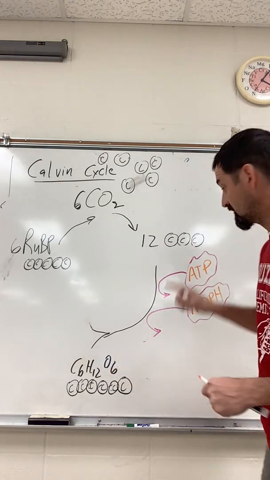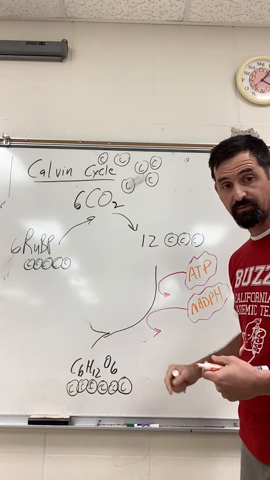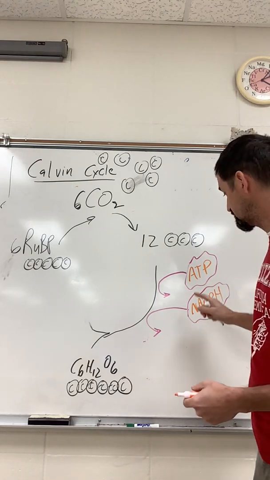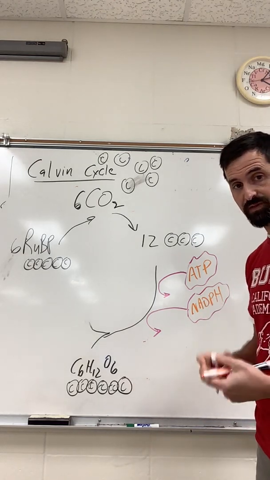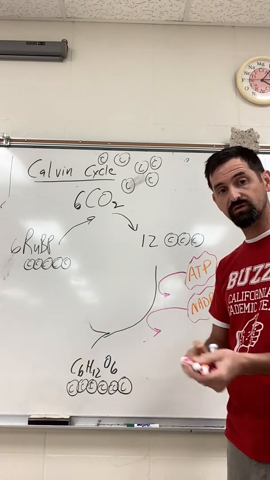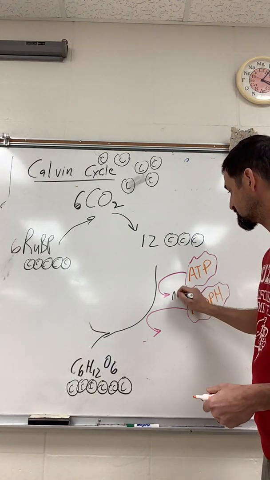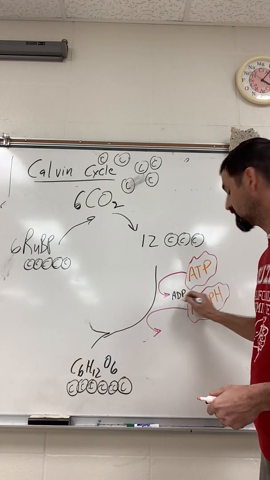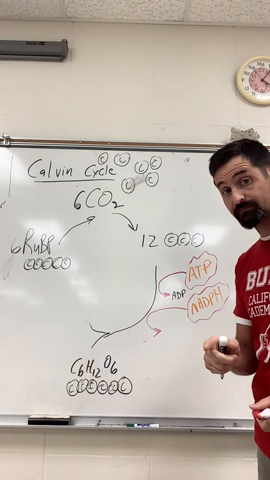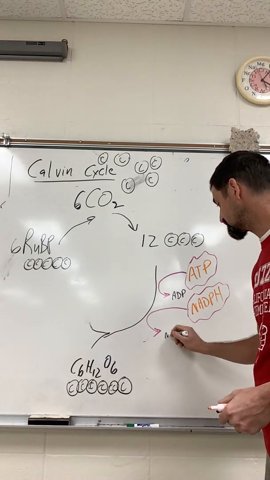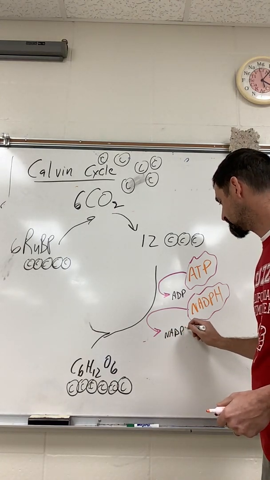Now, once we donate our energy from our ATP, what do we have? When we donate our energy from our NADPH, what are we left with? Well, we're left with their uncharged forms. At this point, ATP converts back to ADP, or adenosine diphosphate, and NADPH converts back to NADP.